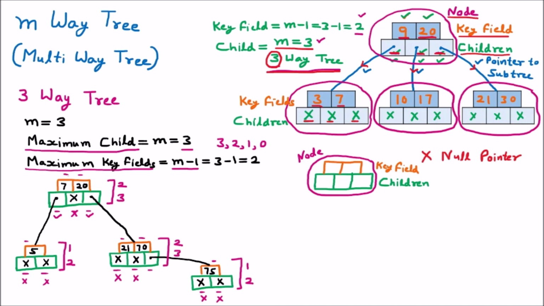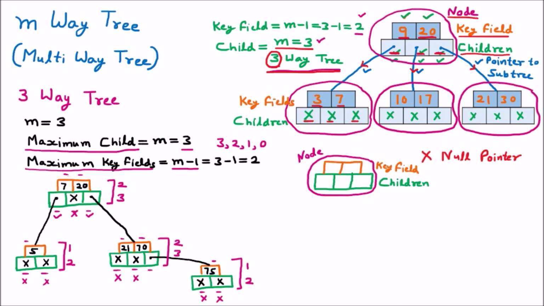So we should understand one thing, 3-way tree, that means maximum 3 children. It can have 3, 2, 1 and 0. Similarly, if we talk about a 5-way tree, maximum 5 children, it can have 5, 4, 3, 2, 1, 0. Similarly, a 50-way tree will have 50 children maximum. And if you talk about the keys, keys will always be 1 less than the children you create.